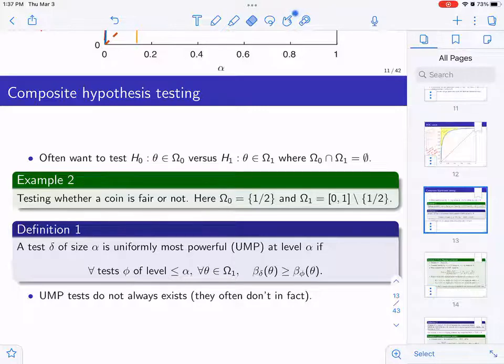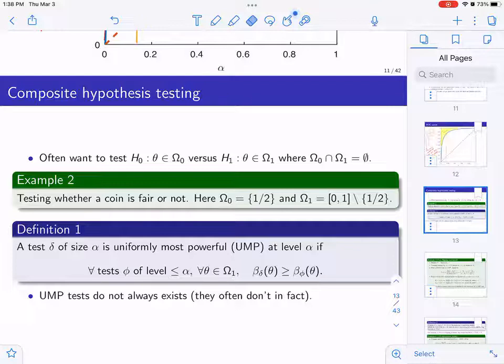And so if you want to extend the idea of most powerful tests to this setting, it would be something like definition 1. A test delta of level, another name for level is size, alpha is uniformly most powerful at level alpha if for every other test phi of level at most alpha and every theta in omega 1, the power of delta is bigger than or equal to the power of phi.